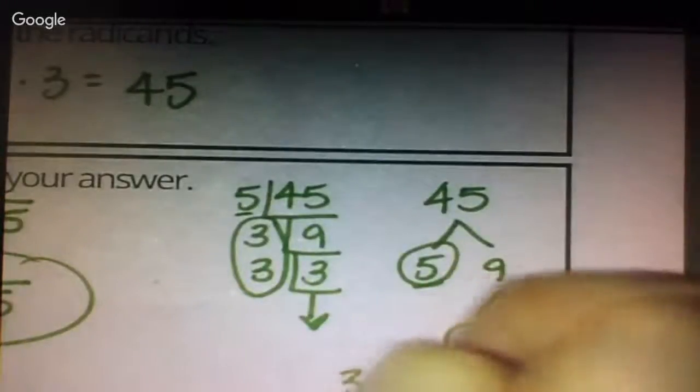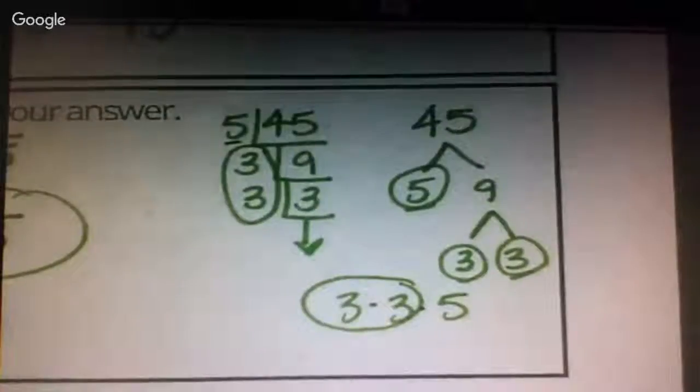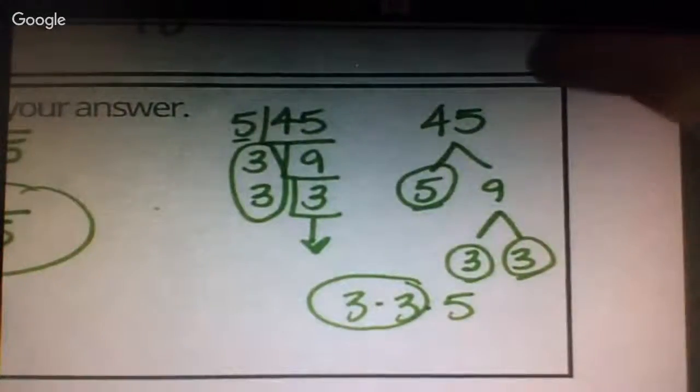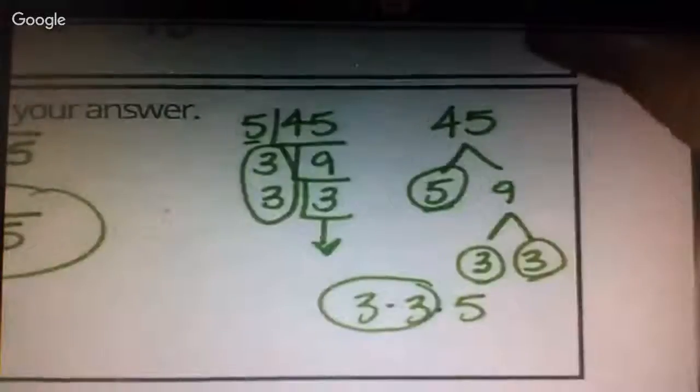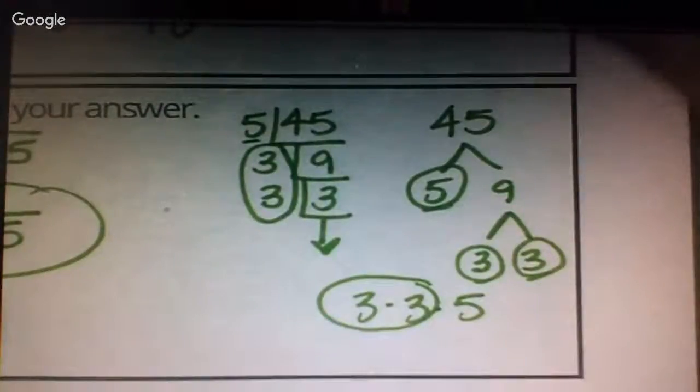So this is 3 times 3 times 5. And I group in 2's. Your 3 comes out front because you've circled them. So that still goes with your 4. And your 5 is what's left over that goes underneath.